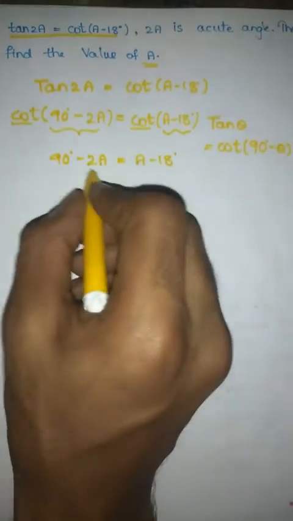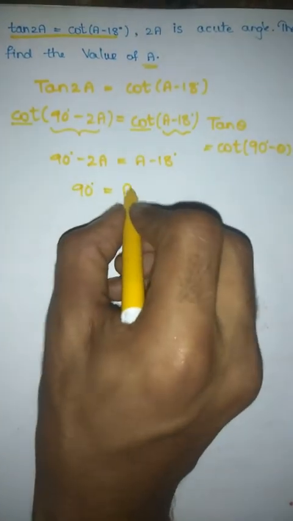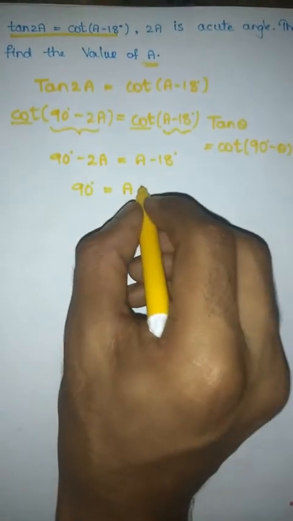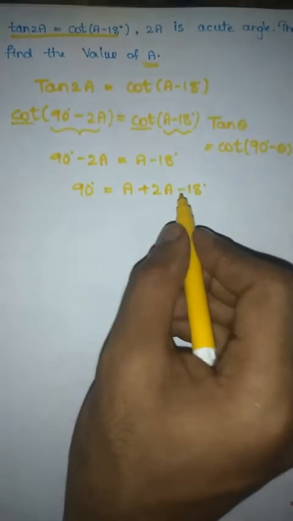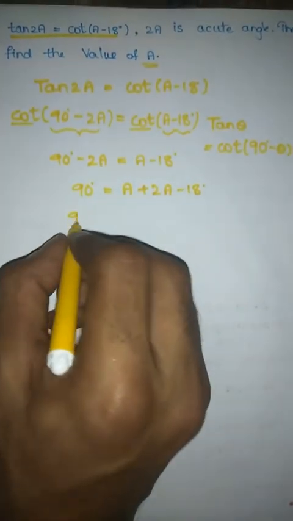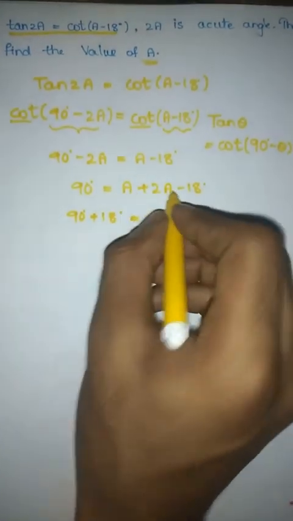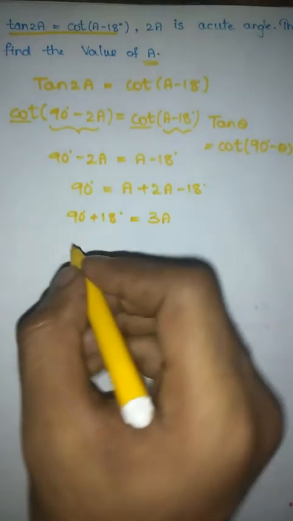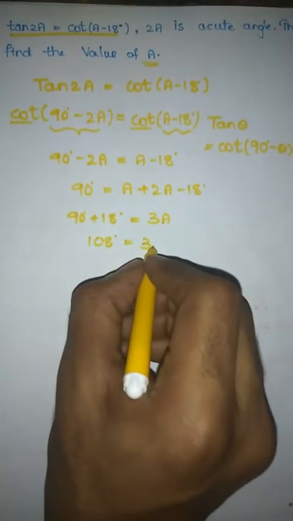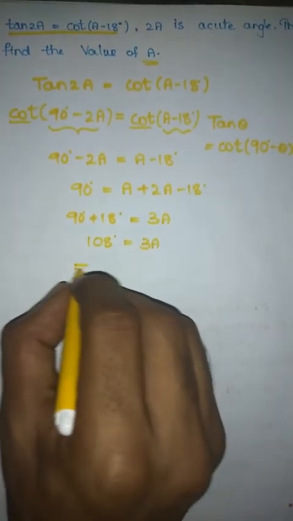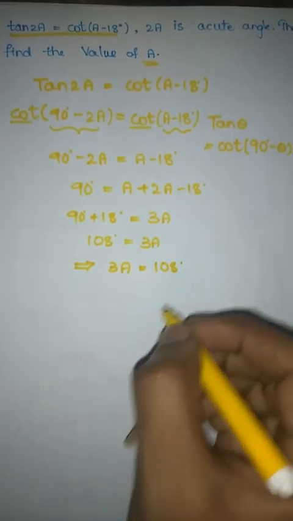Send this minus 2a to the other side, and 90 degrees is equal to a. If minus 2a goes to that side, it will be plus 2a, and it is minus 18 degrees. Now send this minus 18 here, so it will be 90 plus 18 degrees is equal to a plus 2a, which is 3a. 90 plus 18 is 108 degrees, so 3a is equal to 108 degrees.